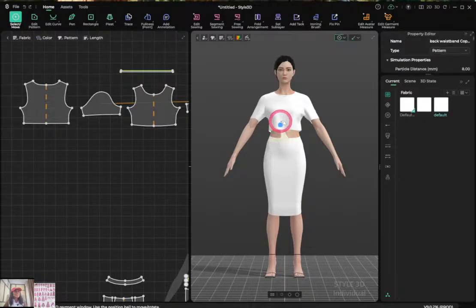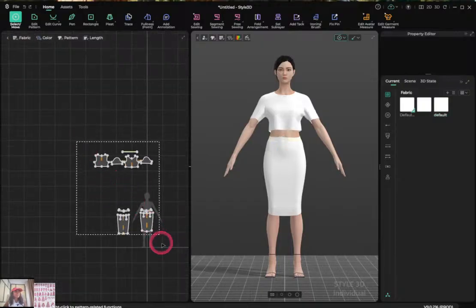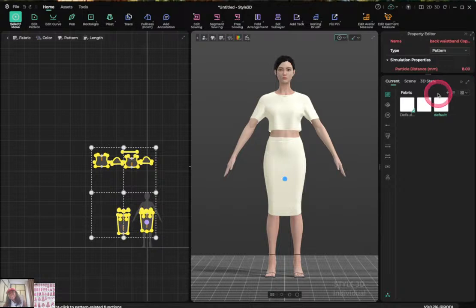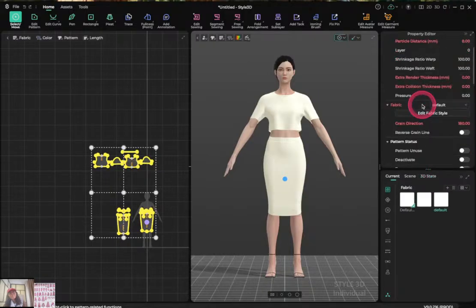But you know what? Maybe it will benefit us if we use the same fabric. So let me change the fabric to pink, because all the skirts we are using are pink. Let's say, fabric use default.